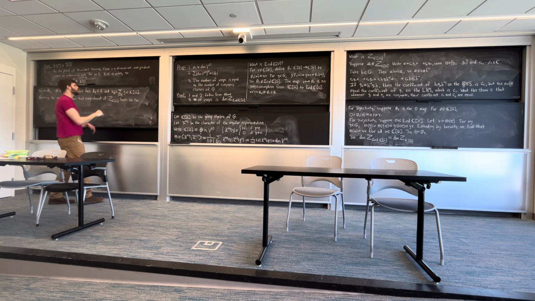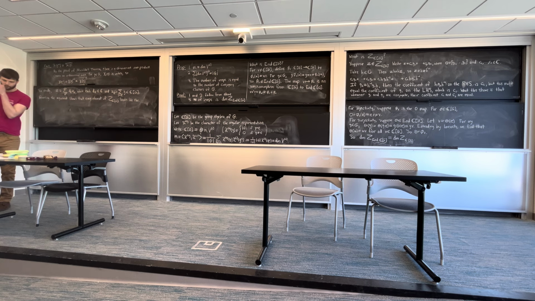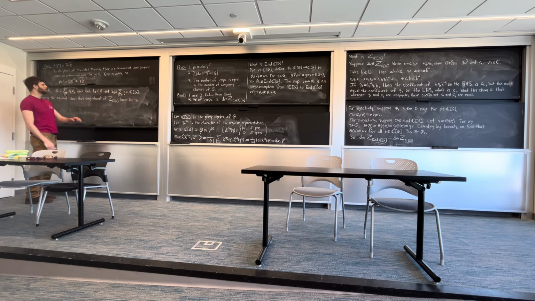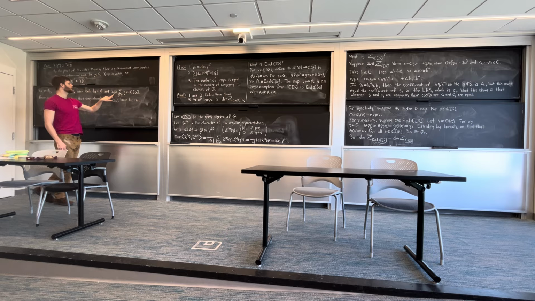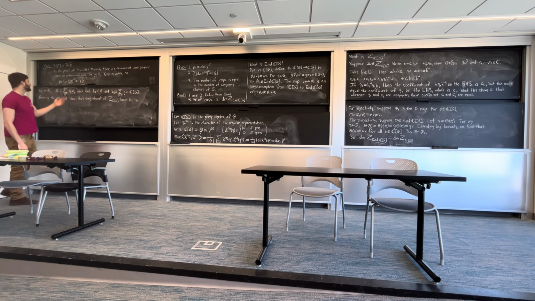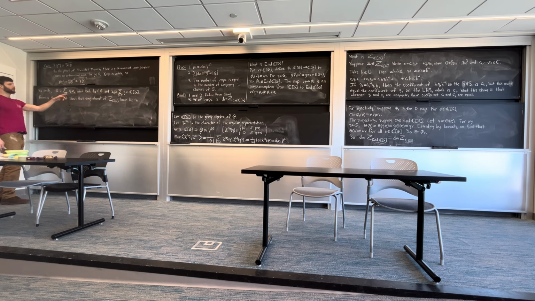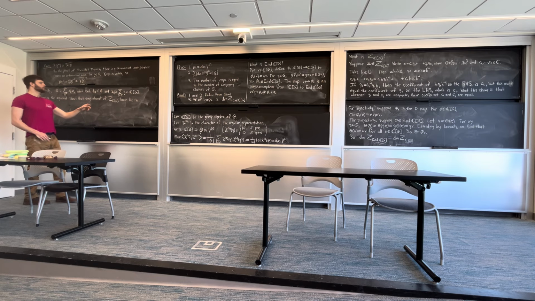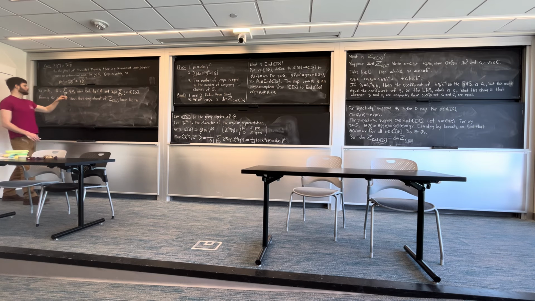By which I mean it's a linear combination of these z sub k elements. Now, in fact, this is saying that the z sub k's form a basis for the center, actually. Right, because this is saying that they span. This sentence is saying every element of the center is a linear combination of the z sub k's.